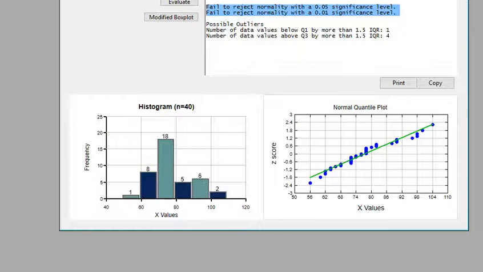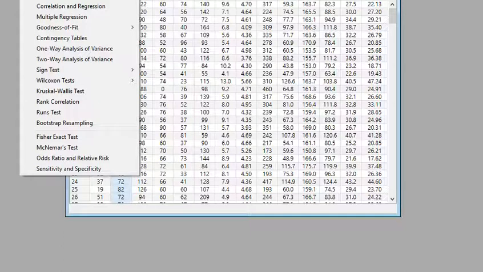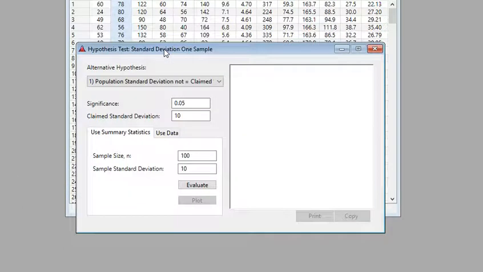Okay, so let's close this. We're good with that. And let's do the analysis part now. So go to analysis, hypothesis testing, and then down to standard deviation, 1 sample. Level of significance we want to do this one at was 0.05.